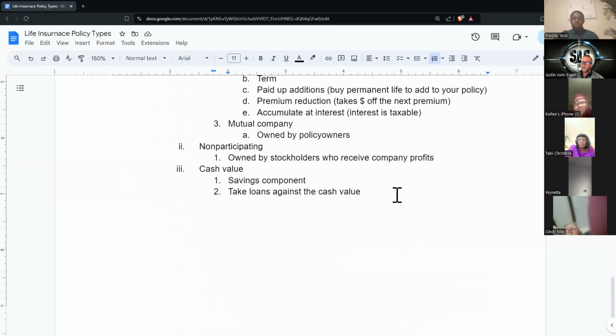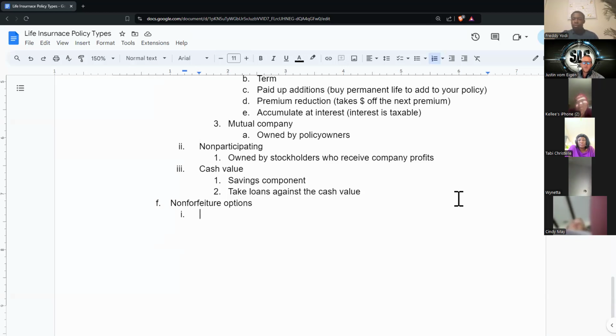Okay, now there are some things I'm going to cover called non-forfeiture options. A non-forfeiture option is when you have equity in the policy and you have something of value. It's like if you can sell your house, you can take money out of it in terms of a loan, like a home equity line of credit.